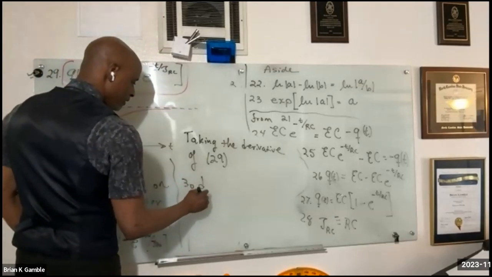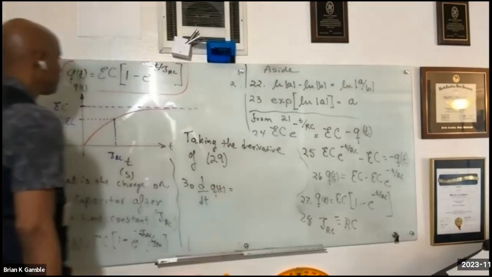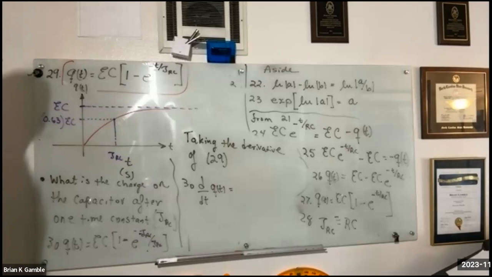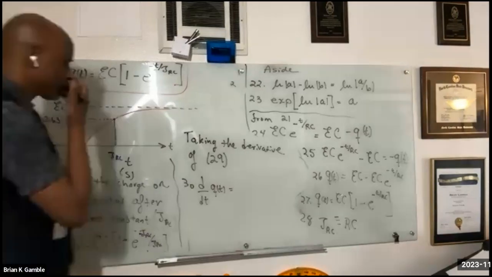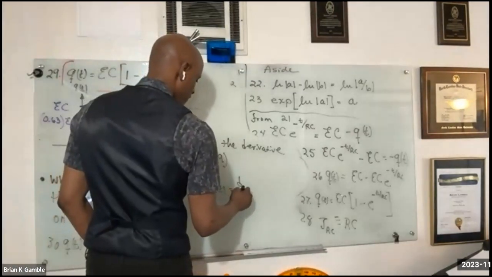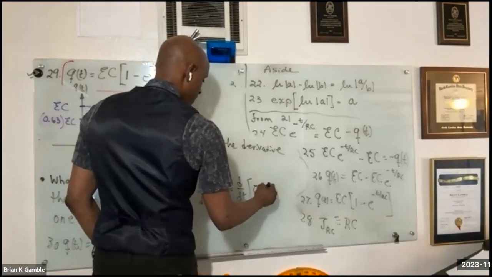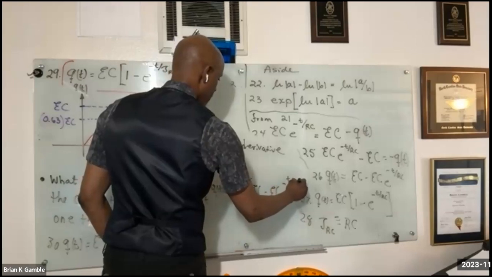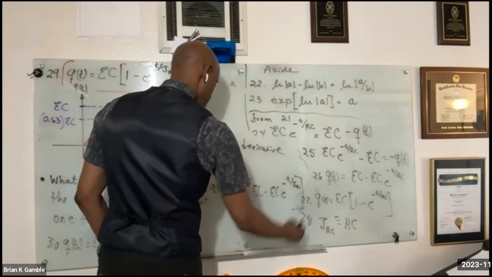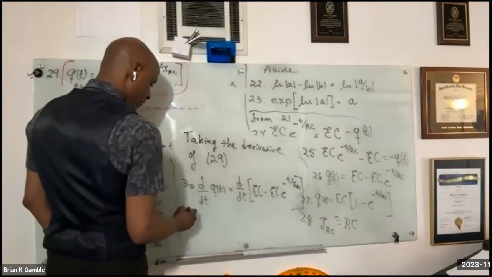So it's the d/dt of q of t. So it's the chain rule, right? I'm going to multiply this out a little bit. So it's going to be the derivative of a constant times EC times e to the minus t over tau RC. So the derivative of a constant is 0, first term.